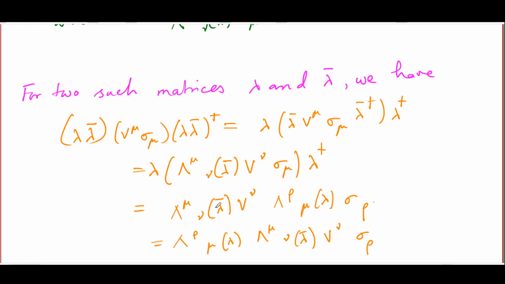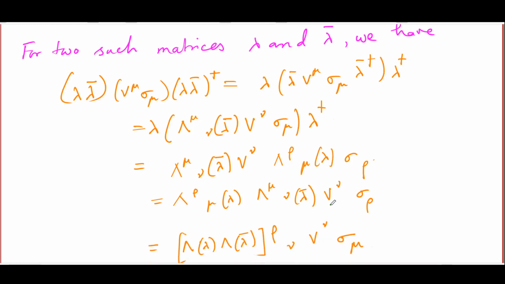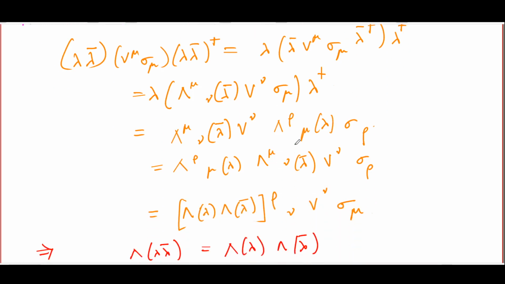So the lambda mu nu lambda bar v nu comes out, and you get small lambda sigma mu lambda dagger, which you can always write as lambda rho mu of lambda sigma rho according to what we said a while ago. The only thing you have to be careful about is not to mix up dummy indices. That is why the nu that was there before had to be changed to rho. So what we get ultimately is lambda rho mu small lambda, lambda mu nu small lambda bar, v nu sigma rho.